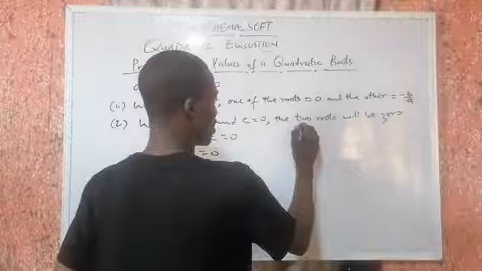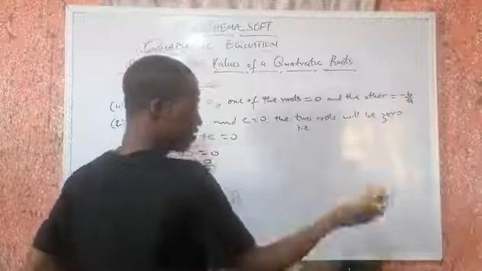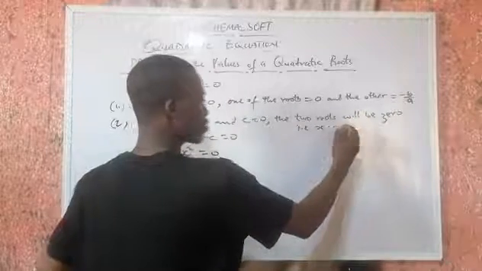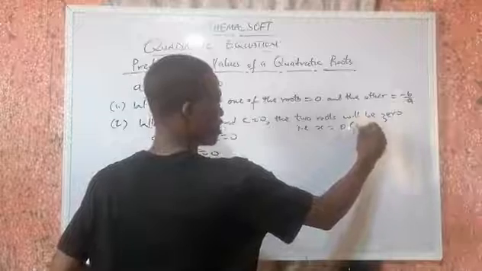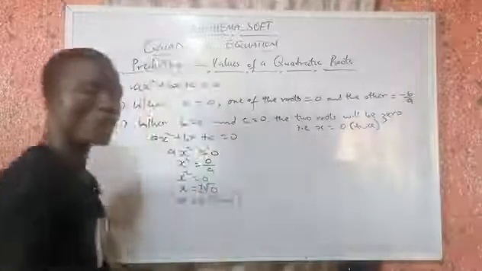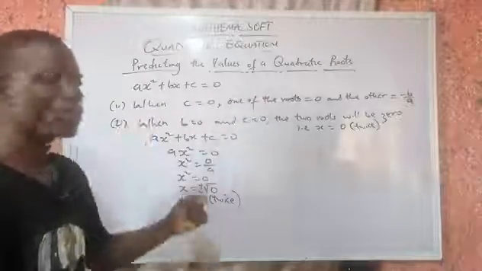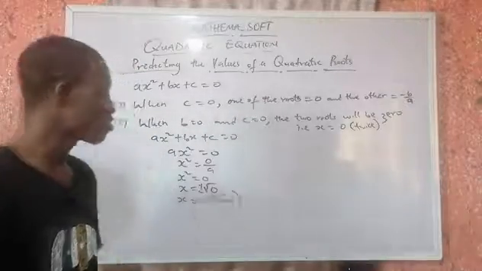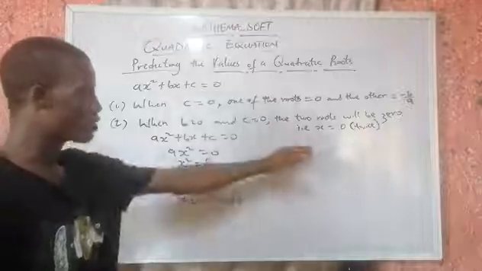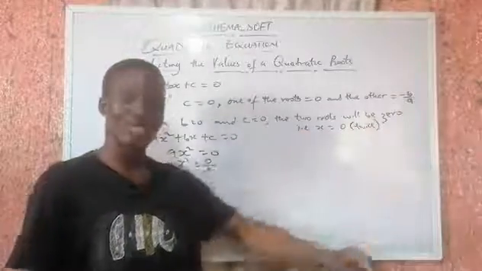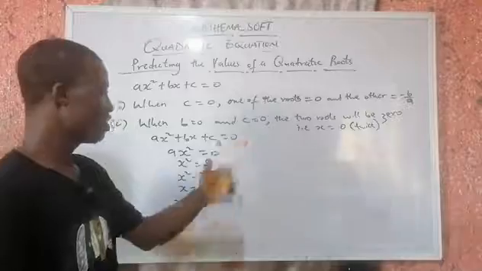That is, if it's x that is your unknown, x equals 0 twice. So the values of the quadratic roots when your b equals 0 and c equals 0 will definitely be 0 and 0. That is, 0 twice.